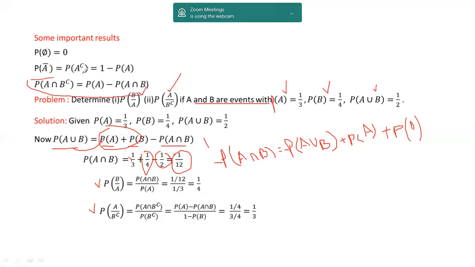From that you can take the third one: probability of A intersection B complement is equal to probability of A minus probability of A intersection B. Probability of A is 1 by 3, and probability of A intersection B, which we calculated in the previous step, is 1 by 12. So 1 by 3 minus 1 by 12, divided by 1 minus probability of B, where probability of B is 1 by 4. After simplification, you are getting the answer as 1 by 3.